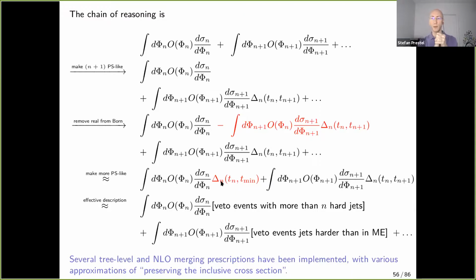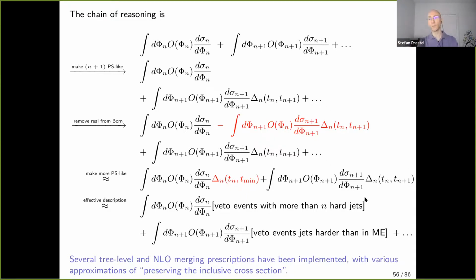That is then kind of removing the amount of events with more than n jets from your n jet differential distribution. So you can replace these no emission probabilities by an actual veto on the event, on your input events, in order to produce these factors to a certain approximation.